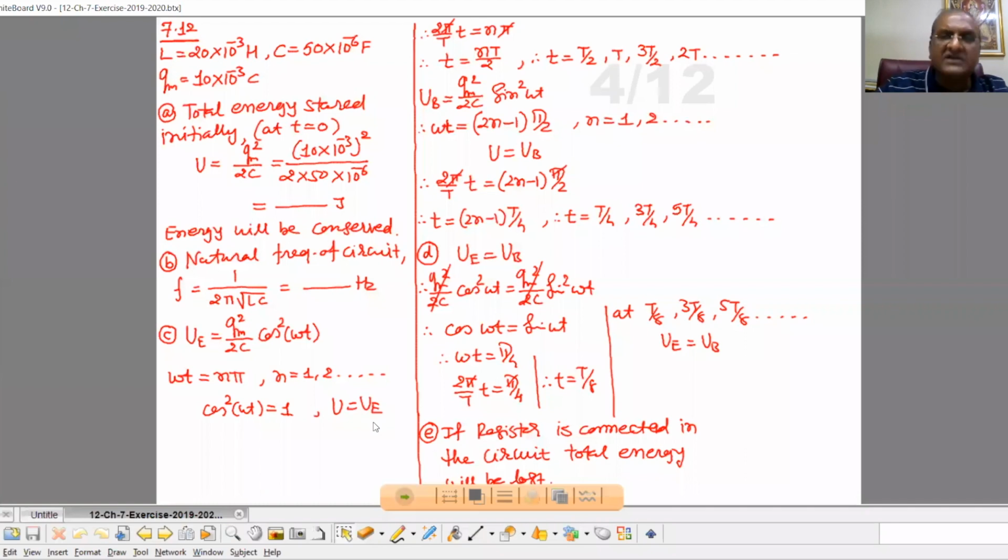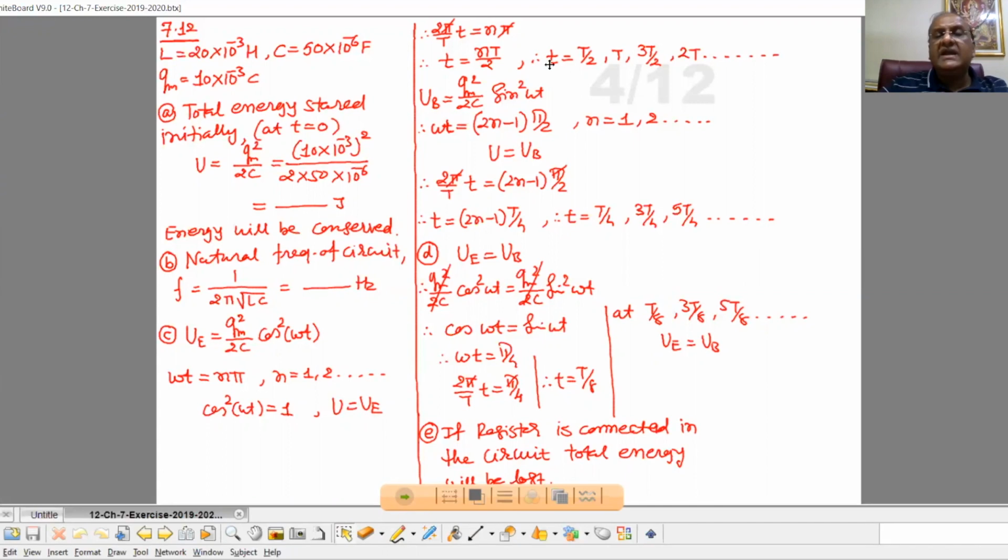Or we can say total energy that is in the form of electric energy. Now omega, that is 2 pi by capital T into small t, that is n pi, pi cancel. So small t, that is equal to nT by 2. So substitute the value of n, 1, 2, 3, 4.